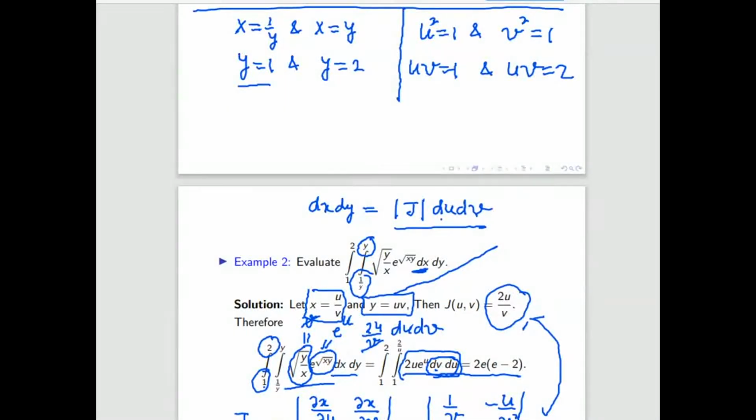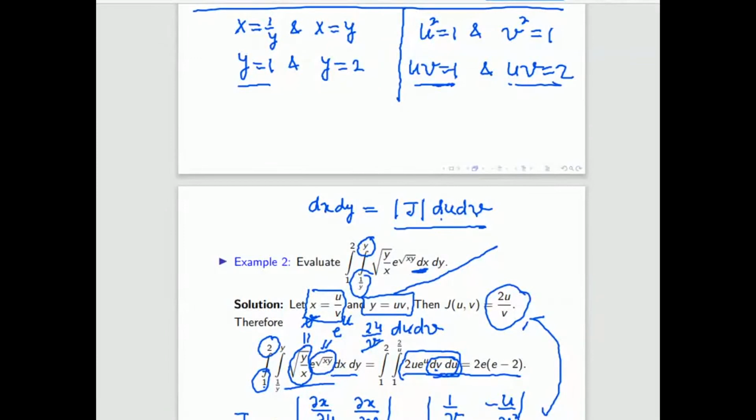So can we say that u and v is always positive, or it can be negative also? U and v both must have the same sign, either positive or negative. Okay, both have the same sign. It is given product is positive.